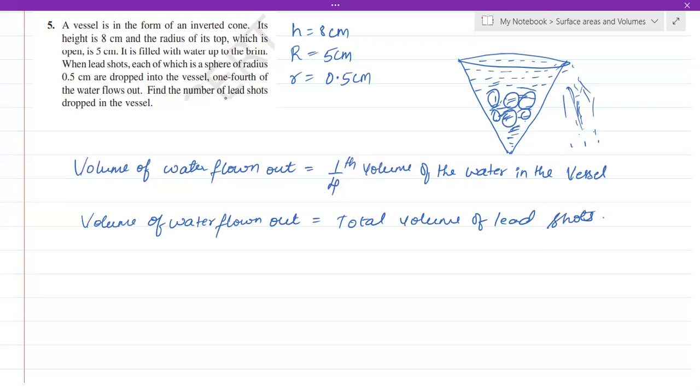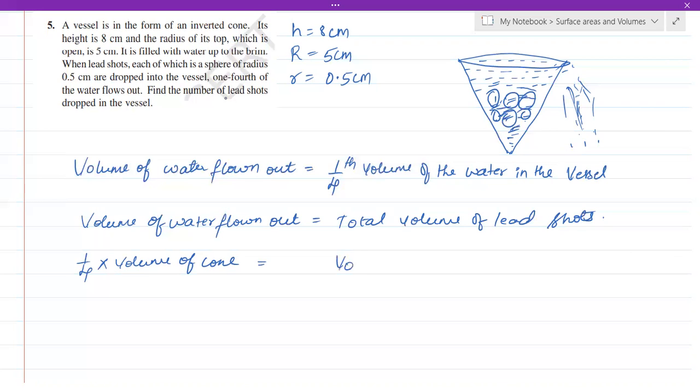Now, the volume of water flown out, as we know, is one fourth of the volume of the water in the vessel. The volume of water in the vessel will be equal to what? The volume of the cone itself, isn't it? So let me write: 1/4 into the volume of cone equals the total volume of lead shots.